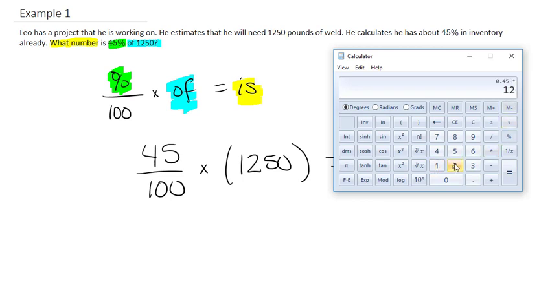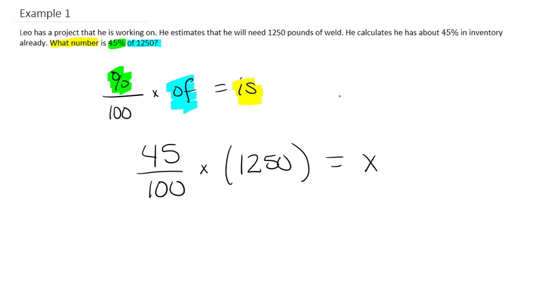Then we're just going to multiply it by the 1,250, and we get 562.5. So x is equal to 562.5. And this is for pounds of weld.